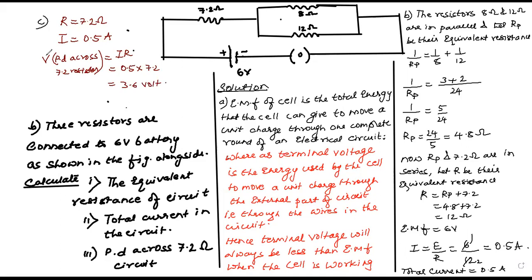So V, the potential difference across the 7.2 ohm resistor, equals 3.6 volt, children. So this is the C part's answer. I hope everybody's understood this question, children. Not a difficult question. We have to write a lot, but it's an easy part. Okay, children, we go to the next.